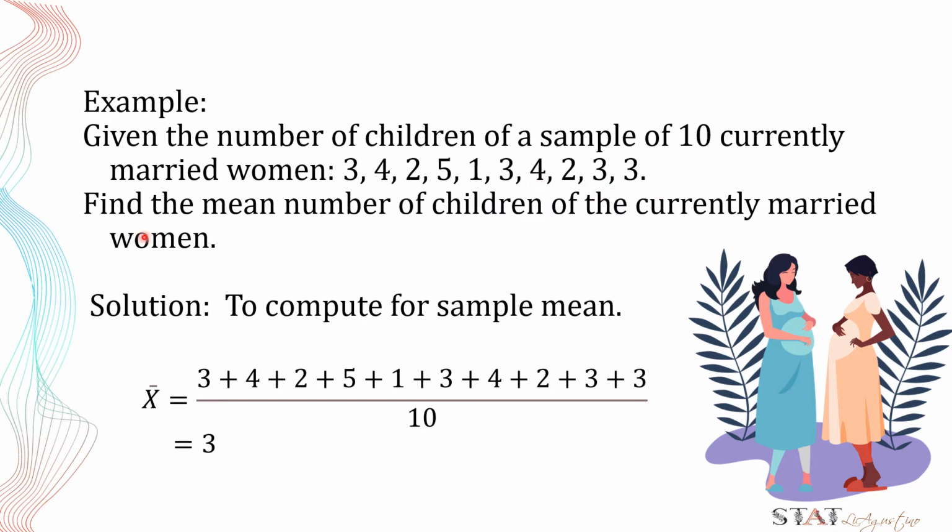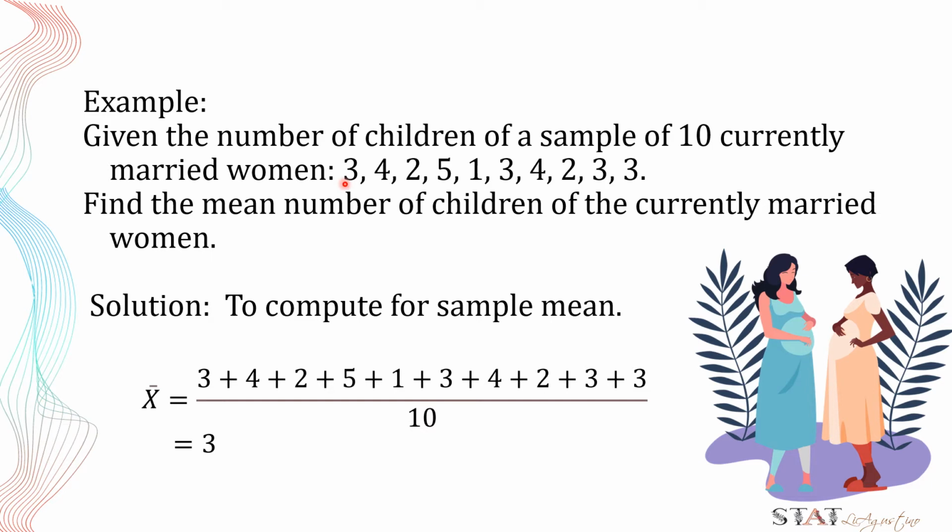The question is, find the mean number of children of the currently married women. Solution: to compute for the sample mean, x bar, because I'm talking about the sample mean, x bar is 3 plus 4 plus 2 plus 5 plus 1 plus 3 plus 4 plus 2 plus 3 plus 3 over the sample size.